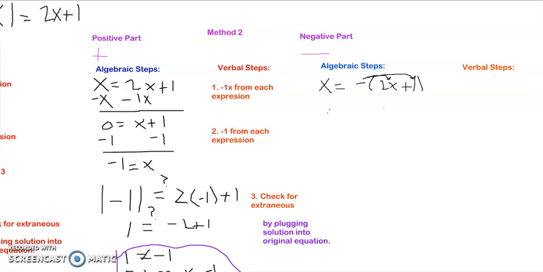So we have x equals negative 2x minus 1. Subtract the x. We have 0 equals negative 3x minus 1. Add 1 to each expression, both sides.